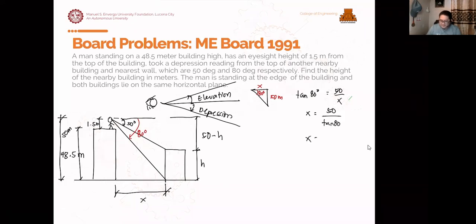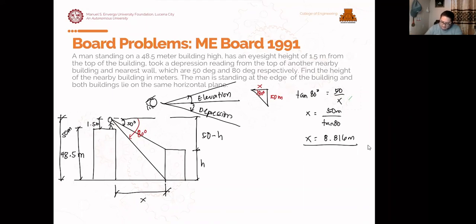So value of x will be equal to 50 all over tangent of 80. So that is 8.816. This is in meters. Okay? Yan. So yan yung value ng x natin.